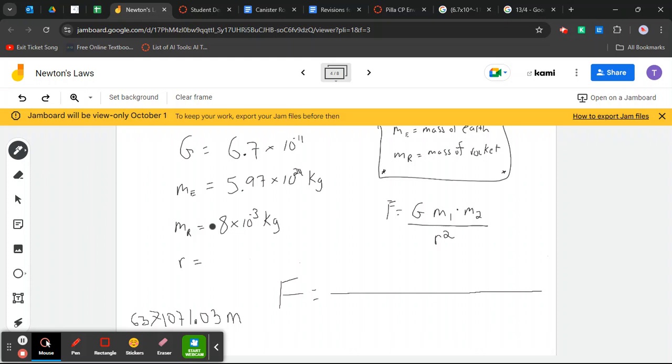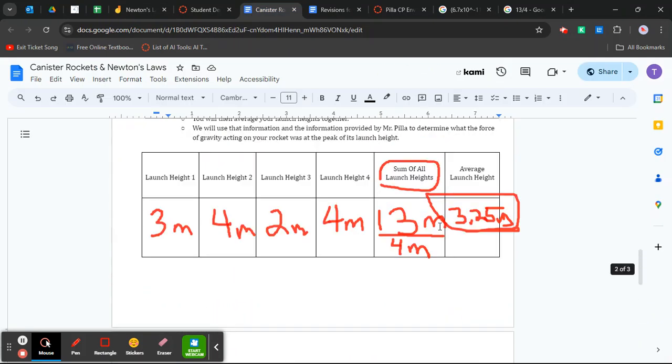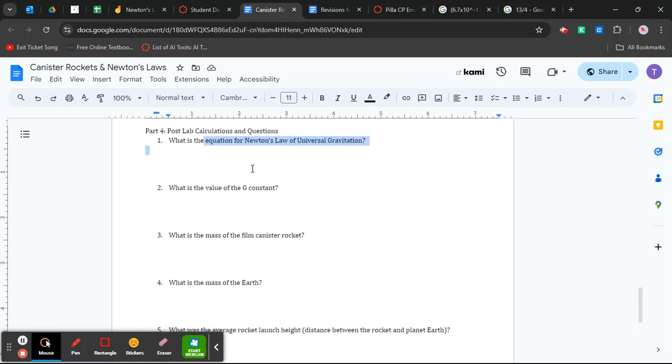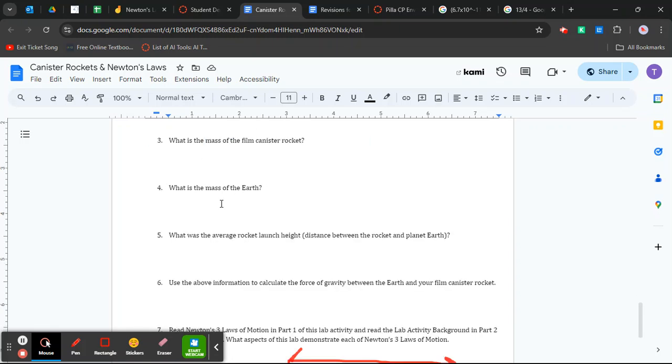They're all the same canister. The only thing that's going to be different is this R, the distance that your canister went. For my canister, my numbers, it's going to be 3.25. So you wrote out the equation, the G constant, the mass of the canister, the mass of the Earth, and then you're going to write down your own personal number. This is going to be different for everybody else.